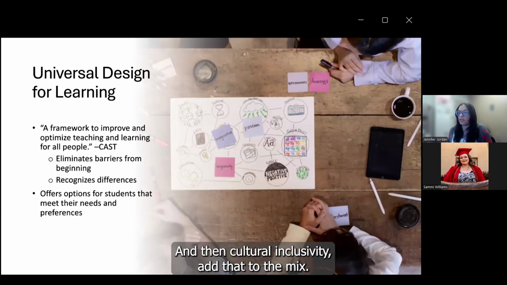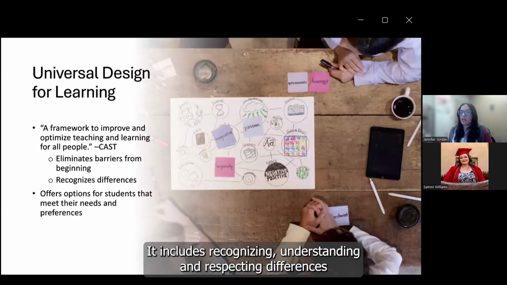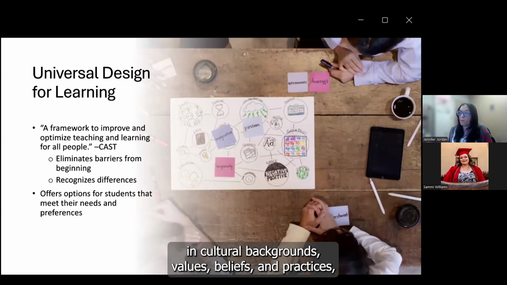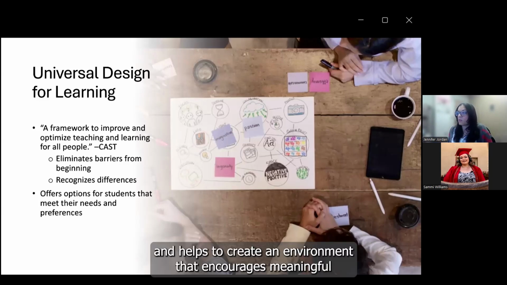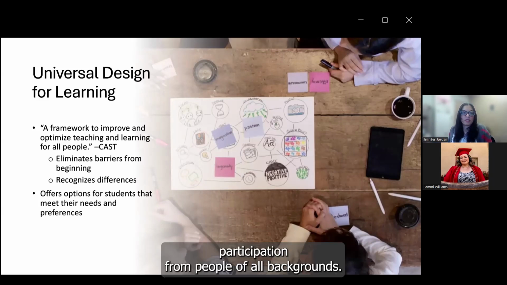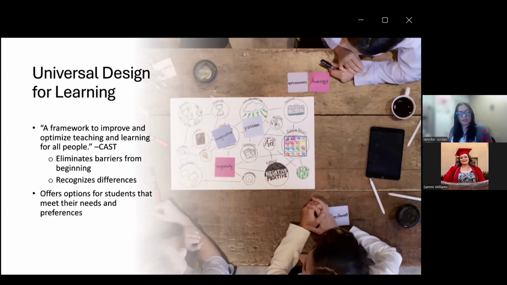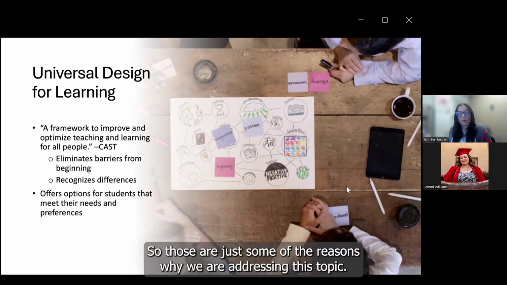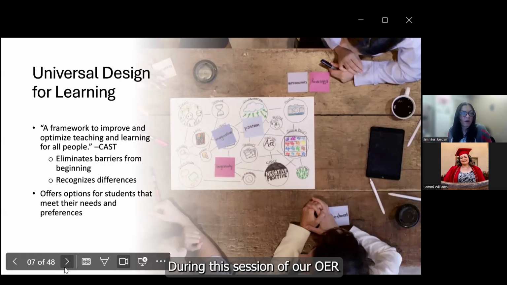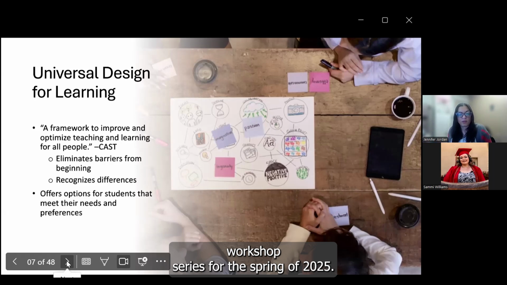And then cultural inclusivity, add that to the mix. It includes recognizing, understanding, and respecting differences in cultural backgrounds, values, beliefs, and practices, and helps to create an environment that encourages meaningful participation from people of all backgrounds. So those are just some of the reasons why we are addressing this topic during this session of our OER workshop series for the spring of 2025.